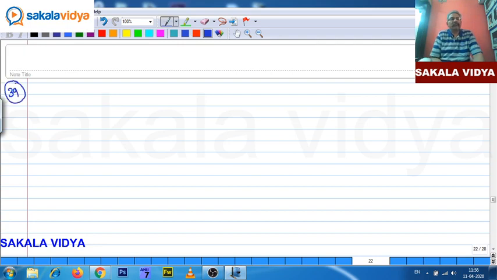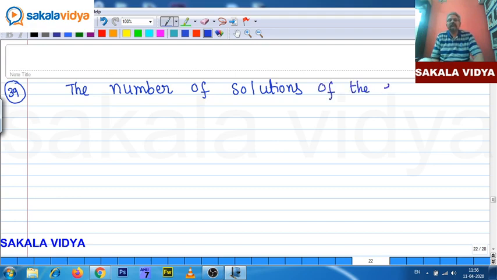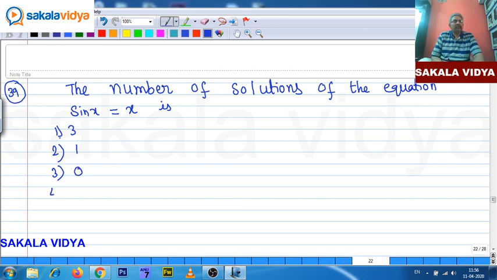39. The number of solutions of the equation sin x is equal to x is: first option 3, second option 1, third option 0, fourth option 2.